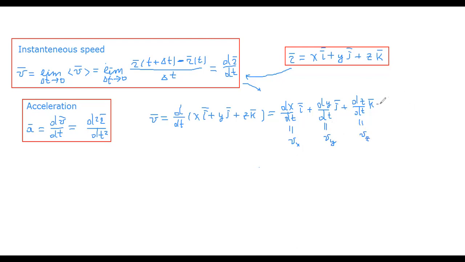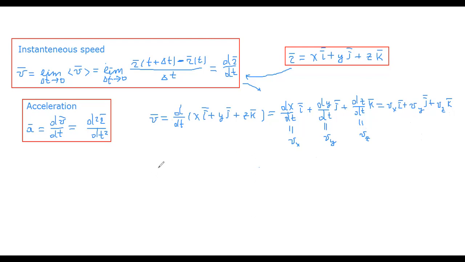So we have vx i plus vy j plus vz k. So we have written this vector of velocity with its components vx, vy, vz.